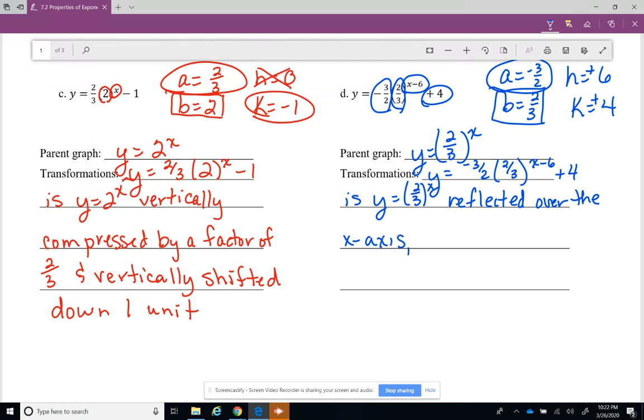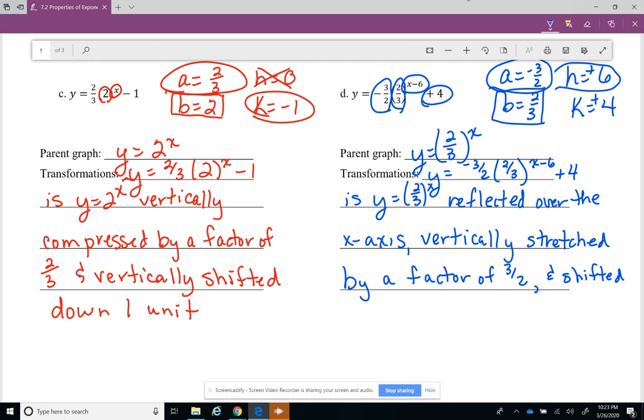While we're still doing a, we have to talk about 3/2. 3/2 is greater than 1. So we're going to say that it is vertically stretched by a factor of 3/2. Okay, we have an h and a k to do. And shifted.